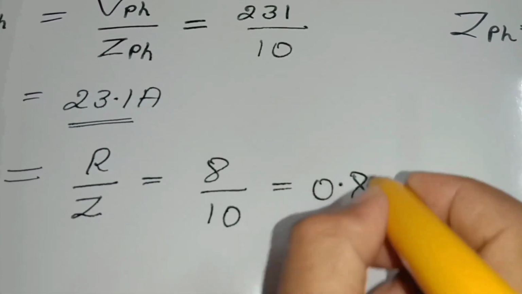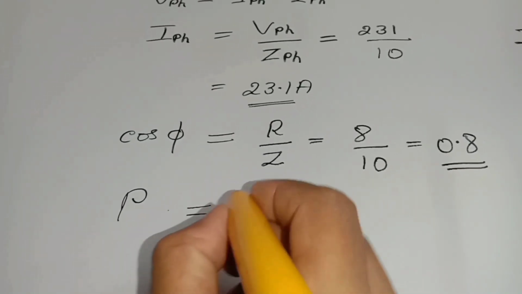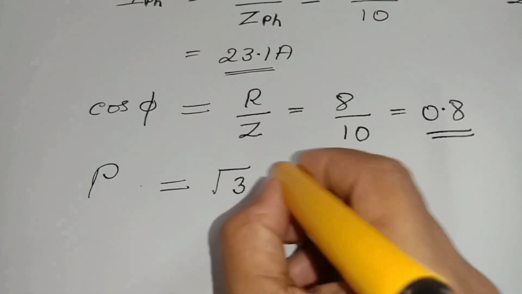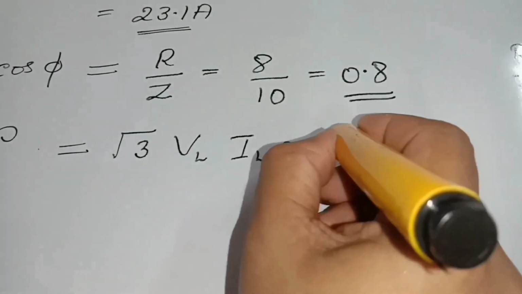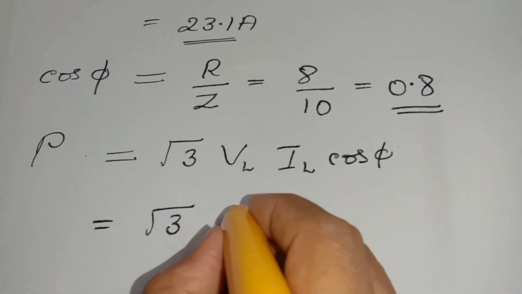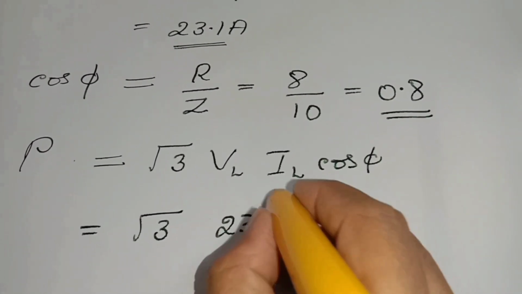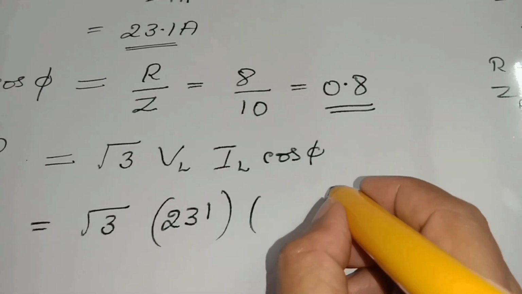which is equal to 0.8 power factor. Power taken by the load P is equal to root 3 VL IL into cos phi. Substituting all the values, we get root 3 into the line voltage is 231 and the line current we have to calculate.